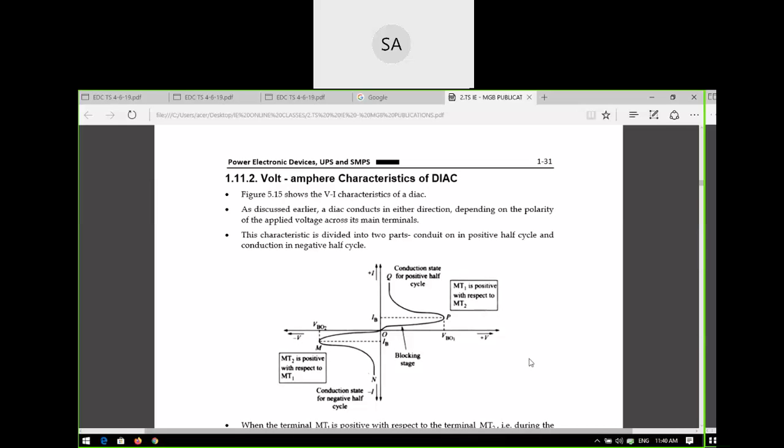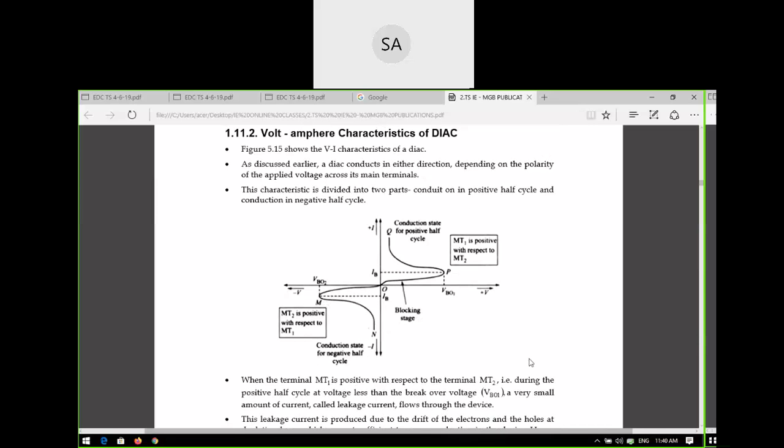It is a mirror image of the forward characteristics, in the first quadrant and third quadrant. In the volt-ampere characteristics, the forward and reverse directions are similar and mirror images of each other because we interchange the terminals.